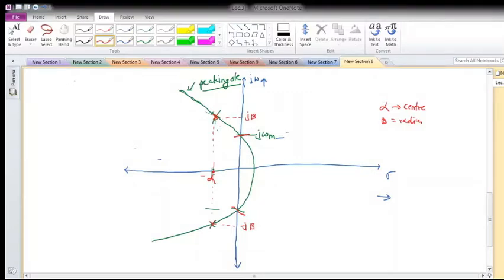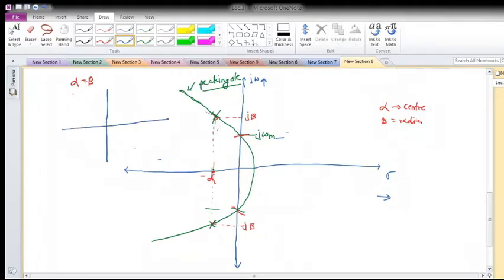Now what if alpha is equal to beta? So in this situation, how will my pole-zero plot be? Something like this.